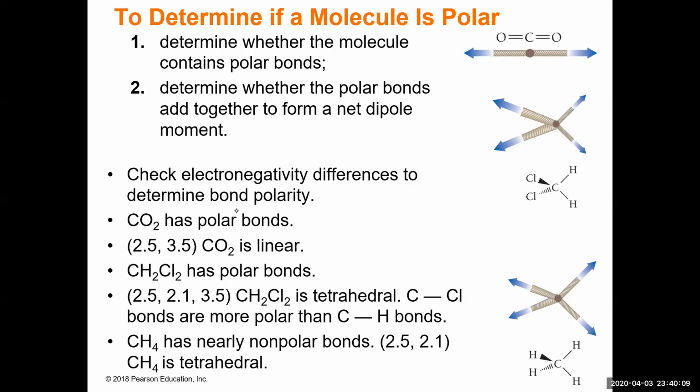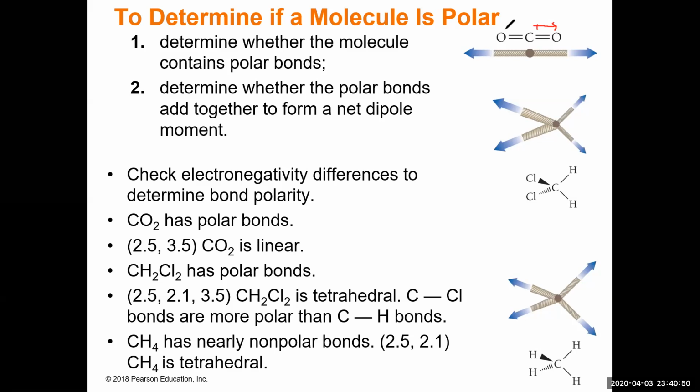If we look at CO2, which is the top right molecule that's shown here, we see that CO2 does have polar bonds. So between each of these carbons and oxygens, there is an electronegativity difference that's greater than 0.4. The oxygen has a greater electronegativity. So the polar bond attracts more toward the oxygen end.